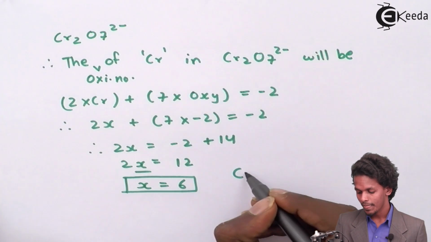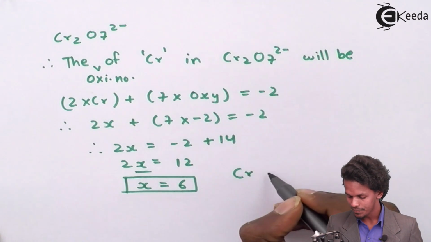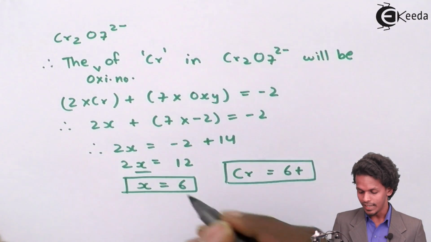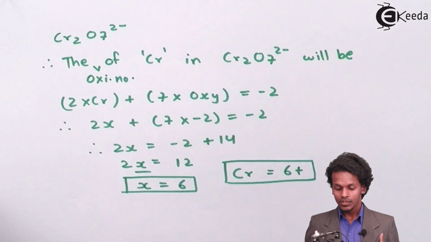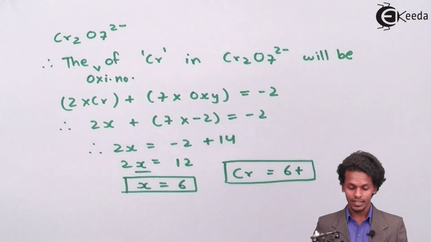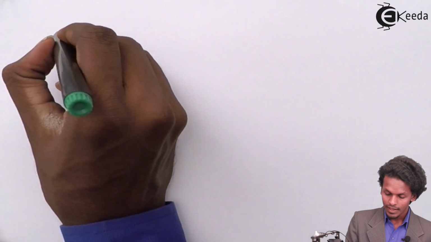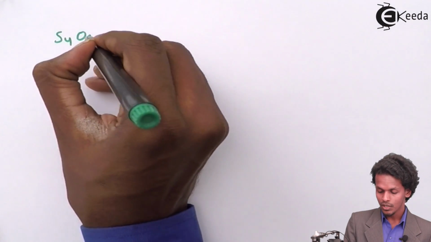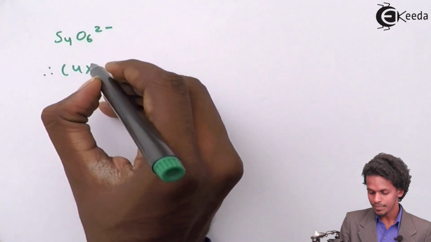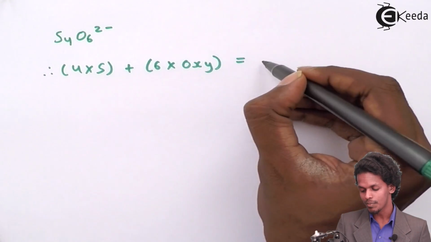So the chromium in Cr2O7 2 minus is nothing but having an oxidation number of 6 plus. So this is how we have calculated the oxidation number for the reactants, but the product is also remaining. The product that we have got is S4O6 2 minus. So how can we calculate? Let us see. 4 into sulfur plus 6 times oxygen will give an overall charge of minus 2.